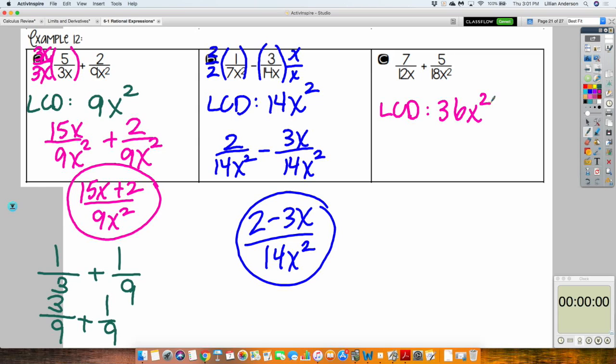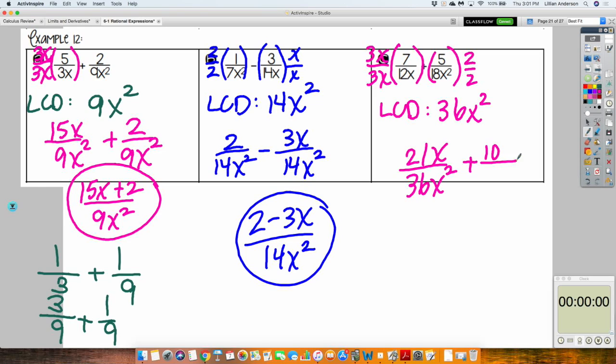So I have to multiply my first fraction by what? 3x on the top and the bottom. My second fraction by 2. Because I have to get the common denominator. So this turns into 21x over 36x squared plus 10 over 36x squared.